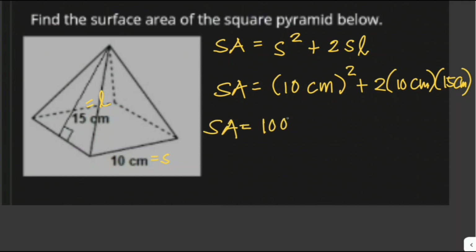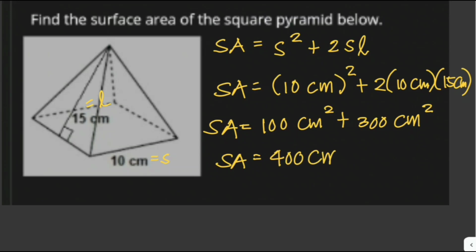So this is 100 square centimeters plus 10 times 15, 150 times 2, this is 300 square centimeters. Therefore, the surface area of this given square pyramid here is just equal to 400 square centimeters.